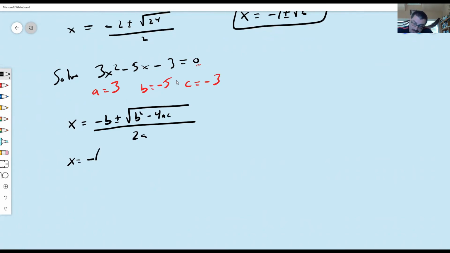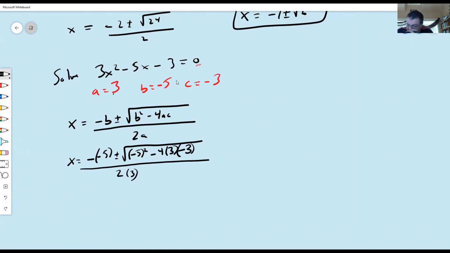And b is minus 5, so it's going to bring its own minus, plus or minus the square root of b squared, so minus 5 squared, minus 4 times a, which is 3, times c, which is also a 3, but it's minus this time, divided by 2 times 3.